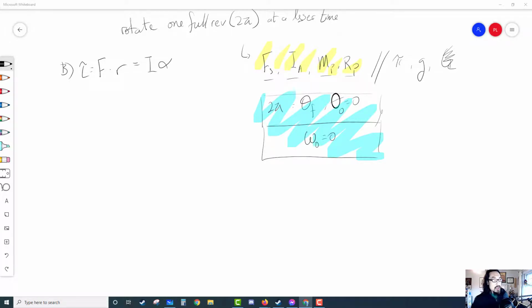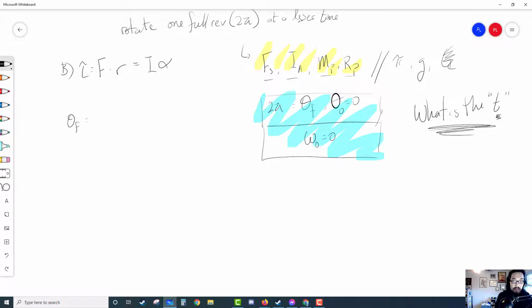What it's asking us is to find t, time. So we're trying to solve for t. If you go to your equation sheet, to the part with the rotational kinematics equations, because time is only there, you should find that theta final is equal to theta initial plus omega initial times time plus 1/2 alpha t squared.